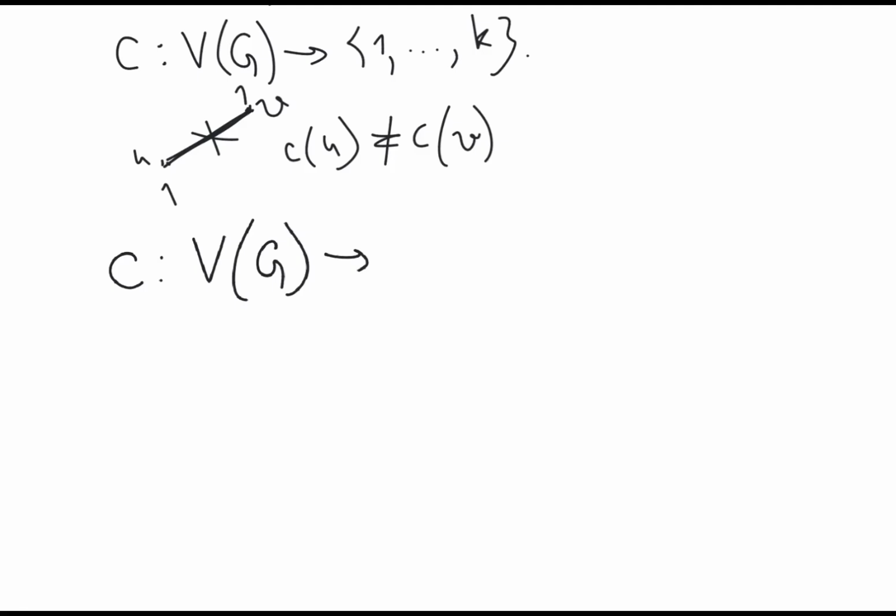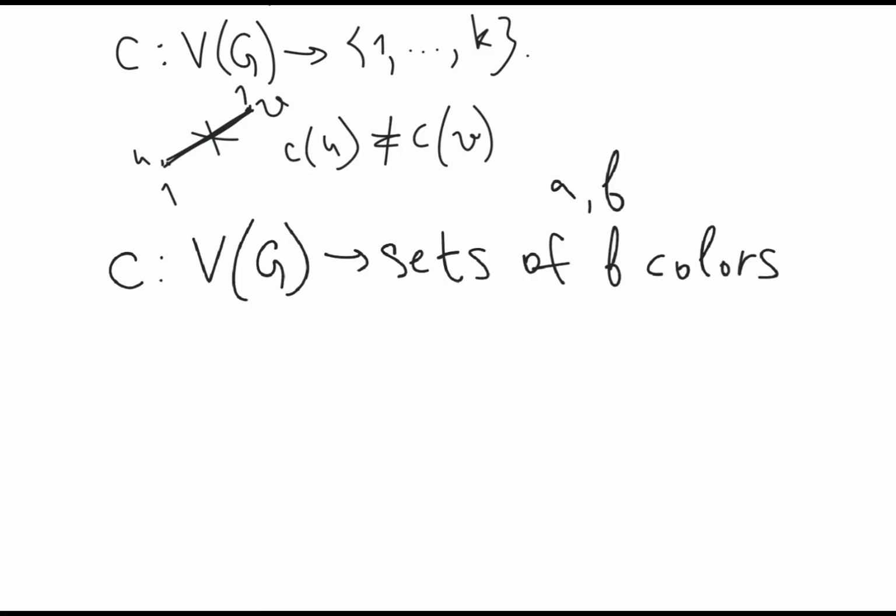So we introduce two parameters a and b, and we say that in a fractional coloring with parameters a and b, each vertex maps to a set of b colors, and a is the total number of colors.